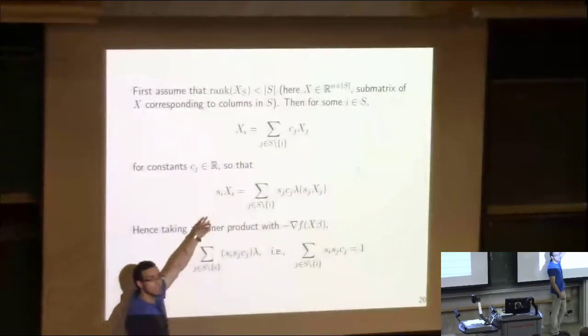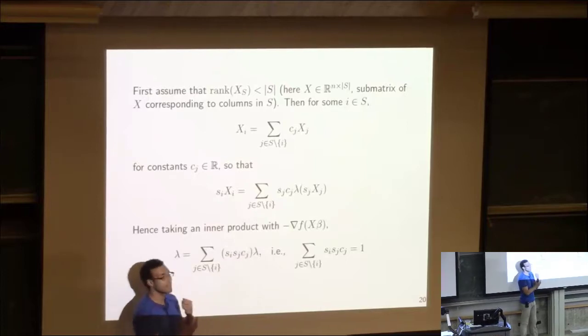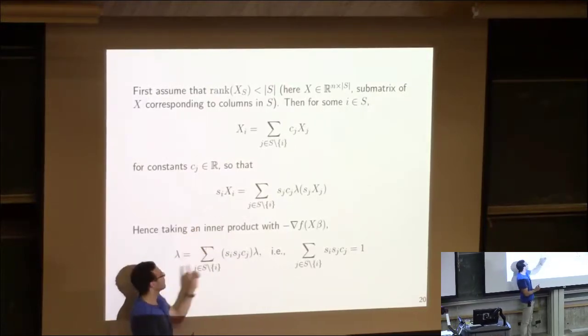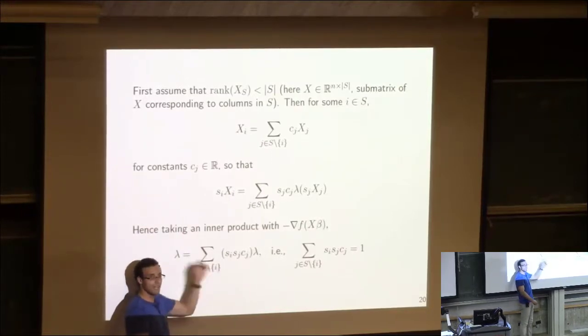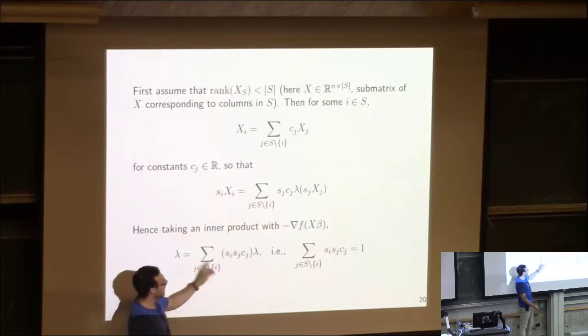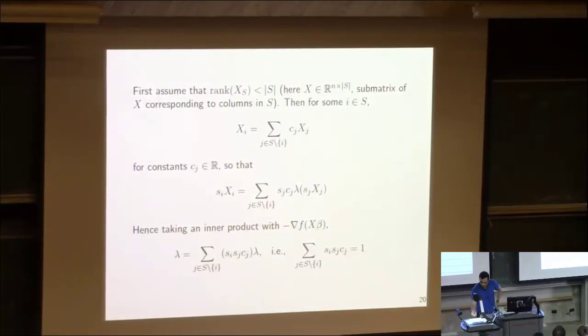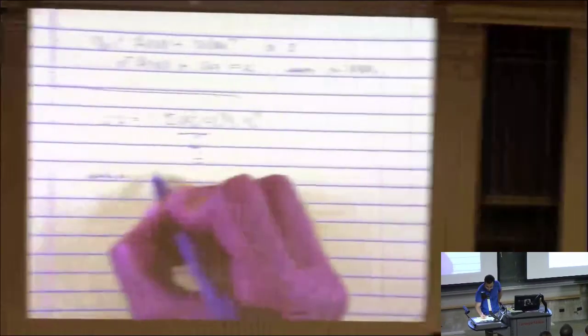That's why we signed it this way. After taking an inner product with a negative gradient, the KKT condition says that every one of these has to achieve an inner product of lambda with a negative gradient. So I get lambda here, and I get lambda at every turn in the sum. And if I cancel the lambdas, assuming lambda is positive, I learn that these weights, aj, have to sum to 1. So I deduce that the sum of these weights must be equal to 1.